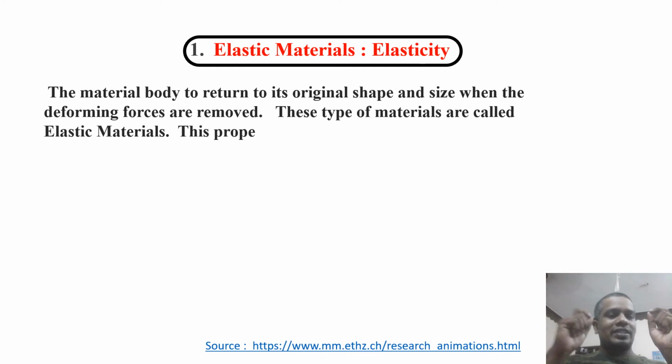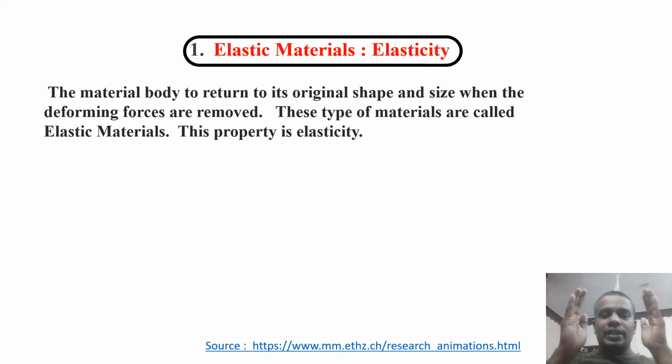This property is elasticity. This is a simple definition: a body retains its original shape and size when the deforming force is removed. We are giving an external force, because of that it goes to some other shape, but once you remove that force, it bounces back to its original shape. That's why we call those materials elastic materials.